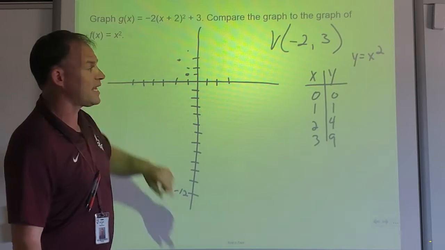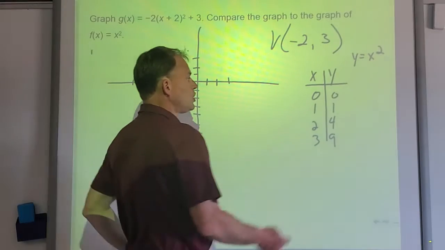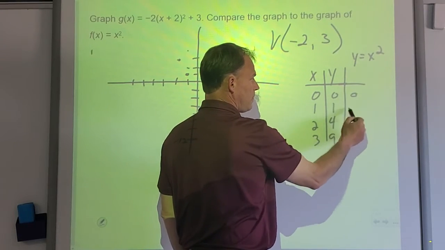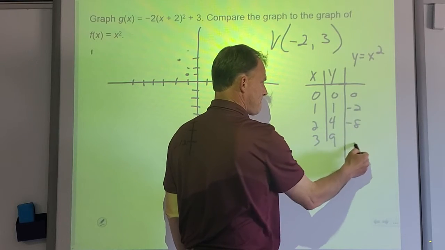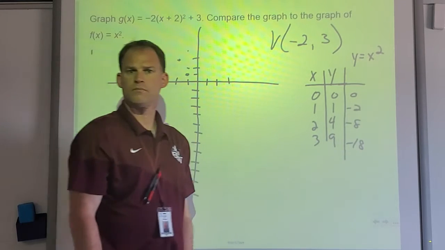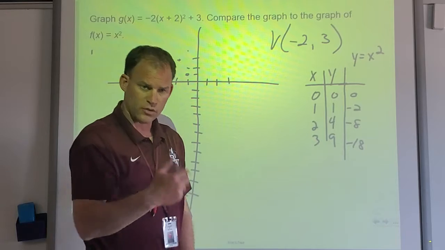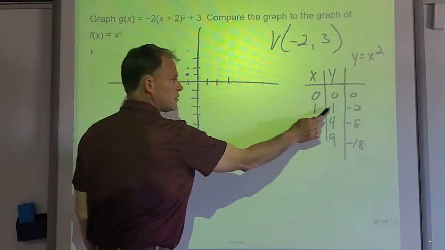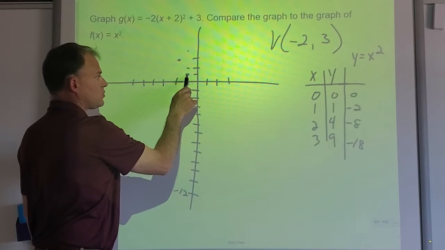And this is my -2 stretch. So now, I've taken these and multiplied them by -2. Flip them upside down and stretch them. So now, instead of being a 1, 1, it's 1 down 2.